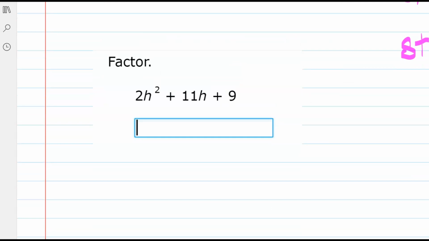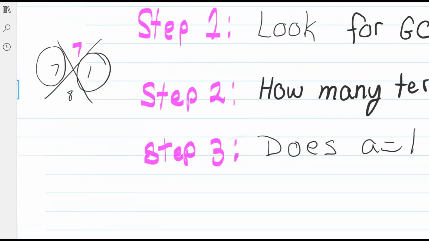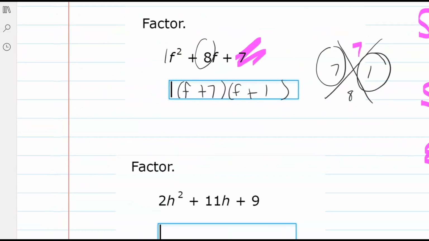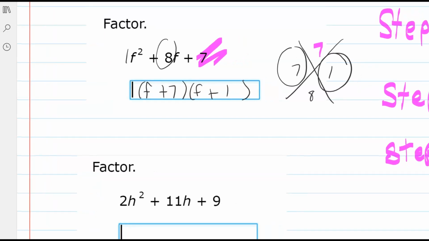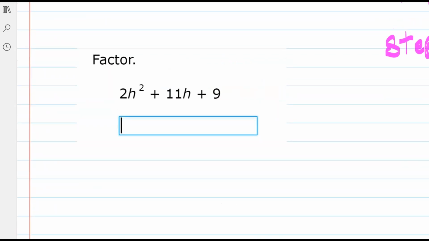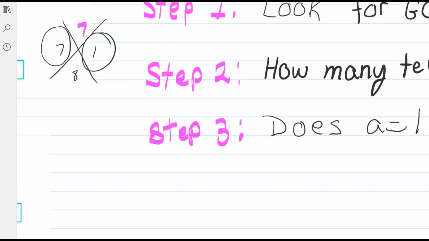Here we go, factor. First step, GCF, look for a GCF. Is there a GCF? No, there is no GCF. What's the second step? How many terms are there? 1, 2, 3. 3 terms. Next step.